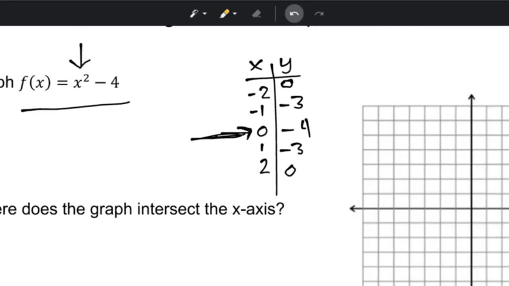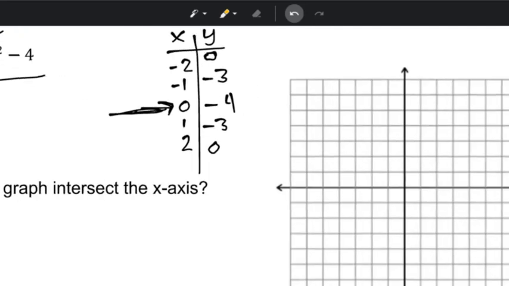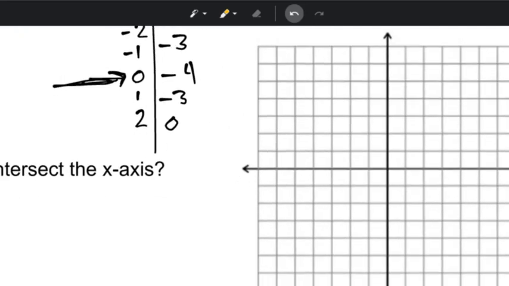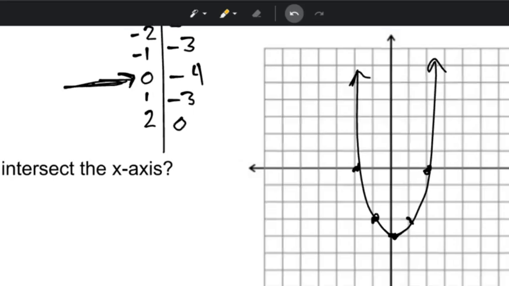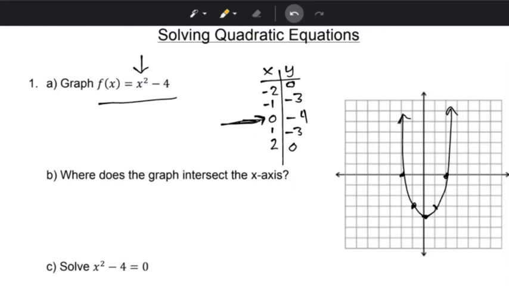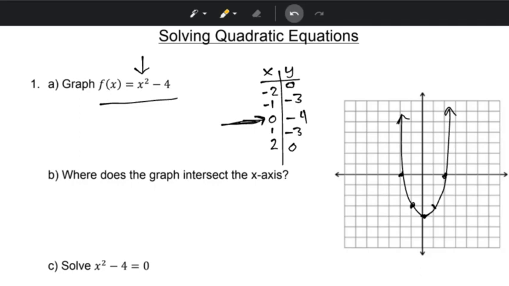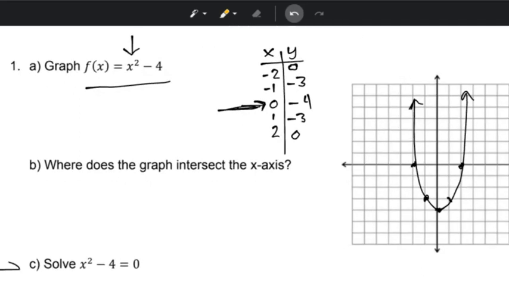Okay, so now if we plot those points, we have 0, negative 4 down here. We have 1, negative 3 right there, 2, 0 right there, and then moving on to the other side of the vertex, and we form our parabola shape. Okay, so this question is about solving quadratic equations, and so what we want to do really is answer part C, but let's answer part B first.